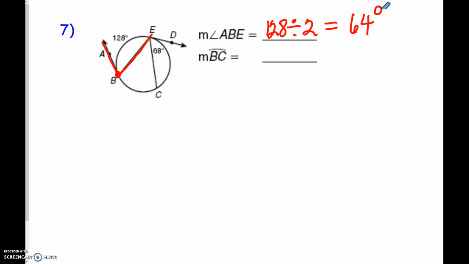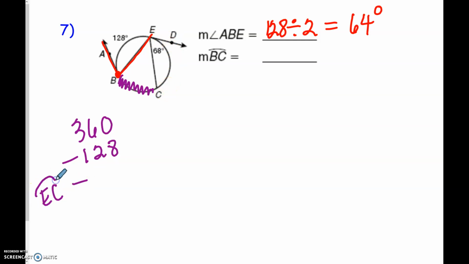All right, now what do they want to know? BC. So they want me to find from B to C. Well, let's see. I can do 360 minus that 128 minus, I now need to find the arc EC. So what is arc EC?